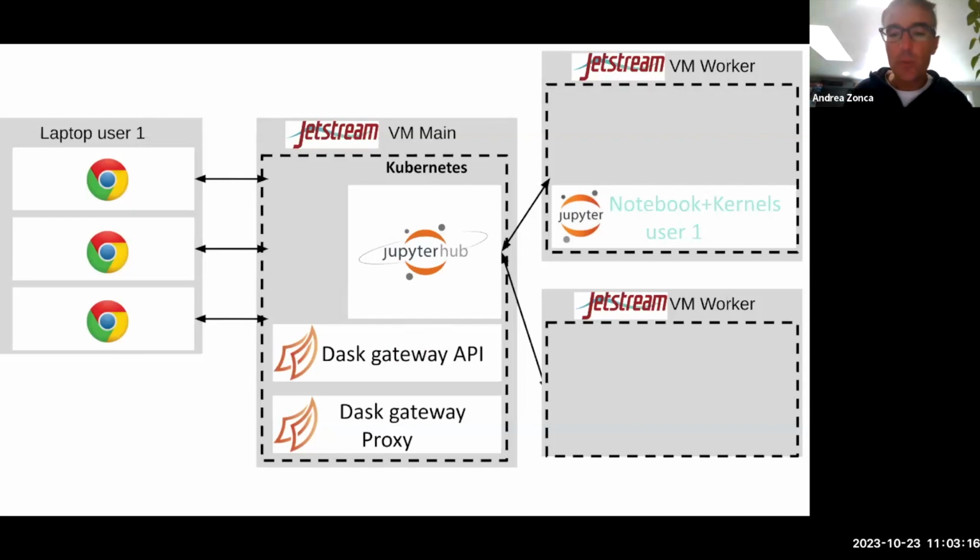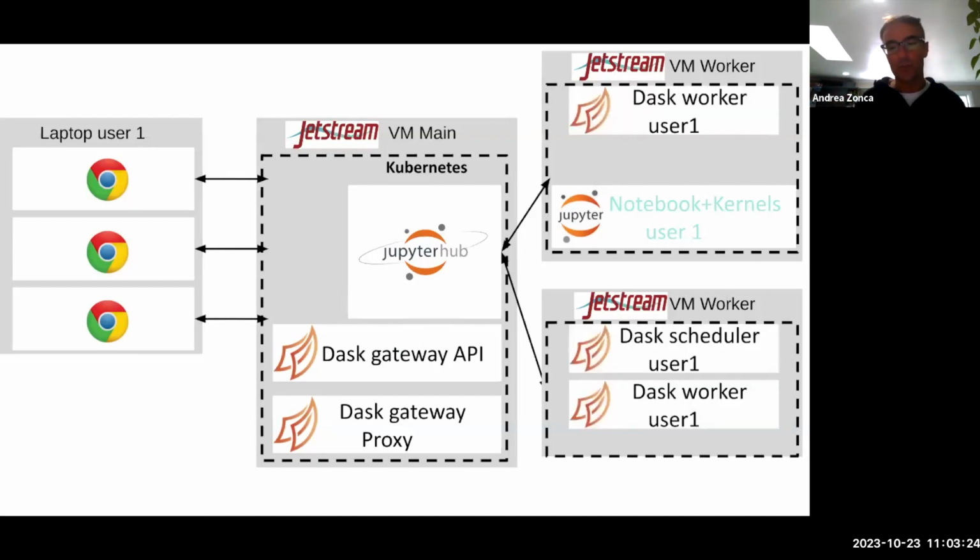Dask Gateway is going to call the Kubernetes API to have other containers, a lot of containers, launched wherever there are resources available on our cluster of machines.